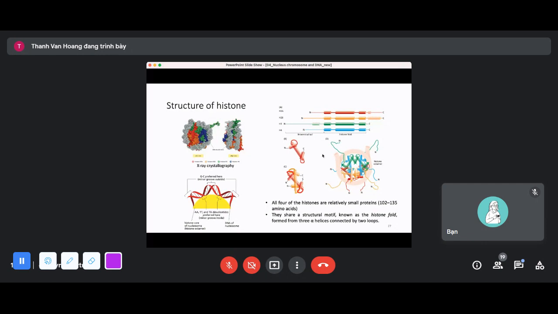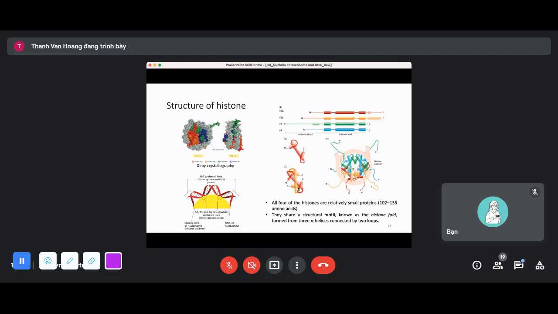You can also see the structure of the histone. Histone 2A, histone 2B, histone 3, and histone 4 are closely related. They have more or less similar structure. All of them contain 3 alpha helices. The alpha helices make a structure like a set, and 2 histone molecules interact together to make something like an X. And this is a dimer.